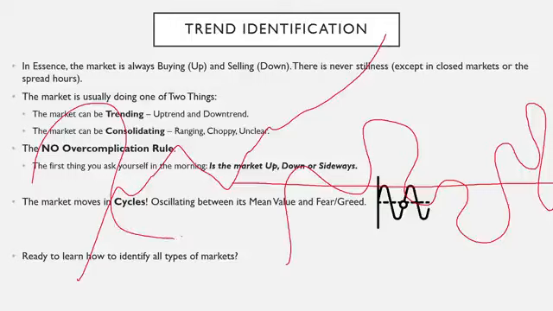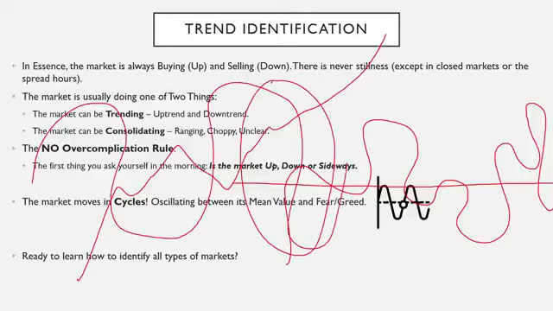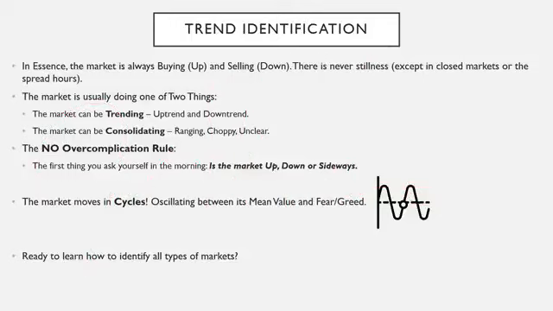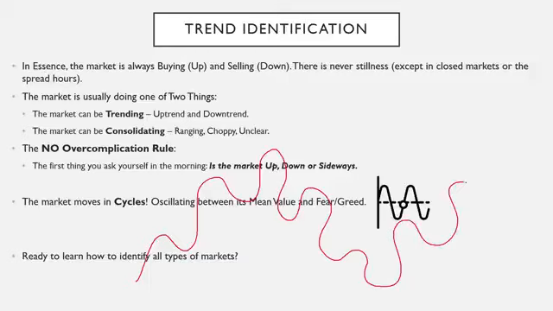Currencies tend to consolidate overall if you look at the macro time frame. But within those consolidations, there are multiple trends that you can be capitalizing on. Okay, so remember this, the market moves in cycles. It goes up for a little bit, shifts down, goes down, then shifts up, goes up, maybe a little bit of consolidation, goes down. So always remember this.